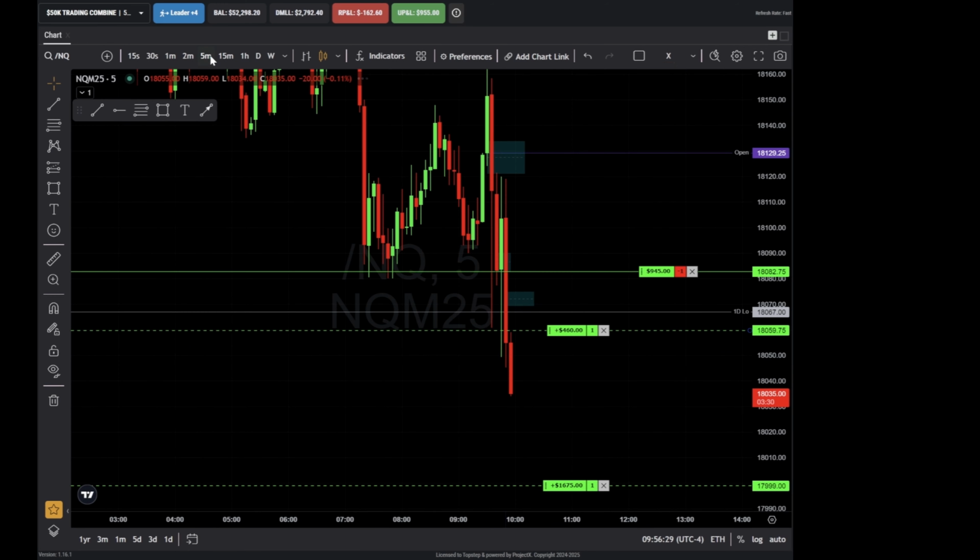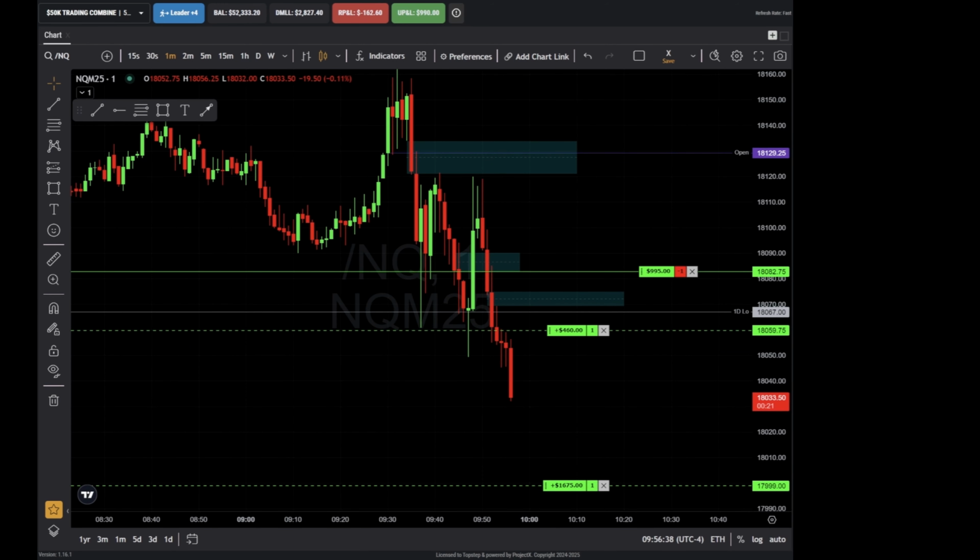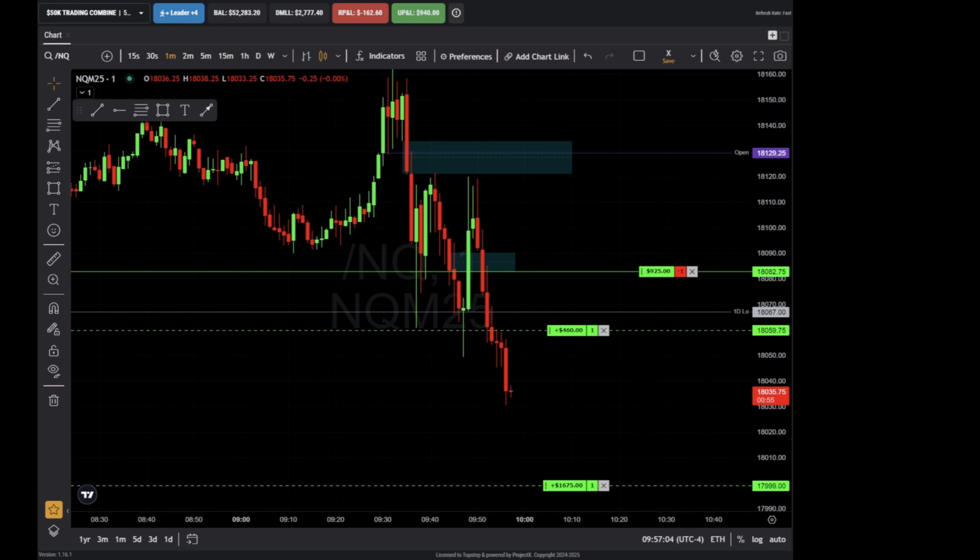And from here, price just continues to break lower and doesn't even return into the fair value gap, which indicates extreme bearishness. I'd like to see price continue to go lower here.